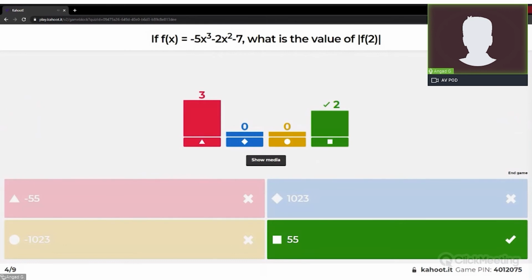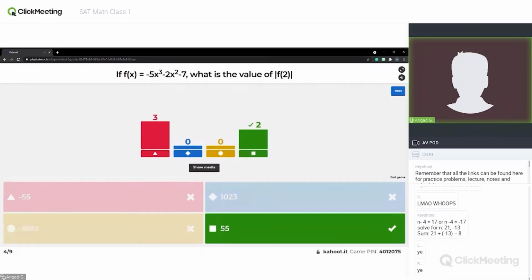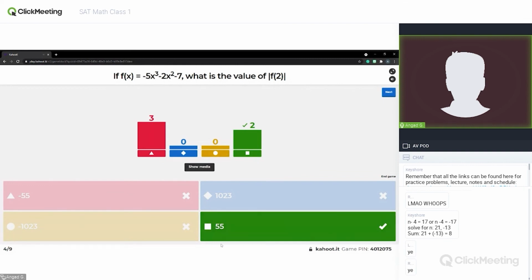All right, 3 people got this wrong. All right, let's see. So, change my screen.